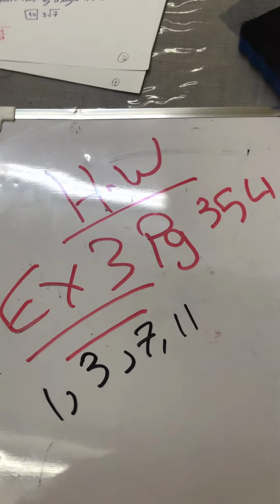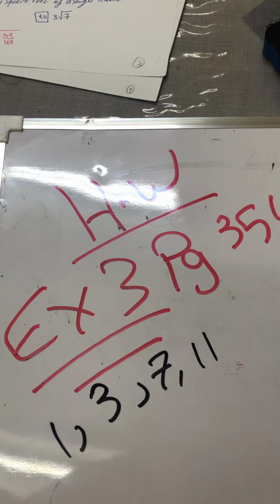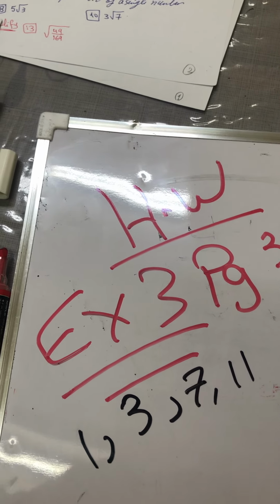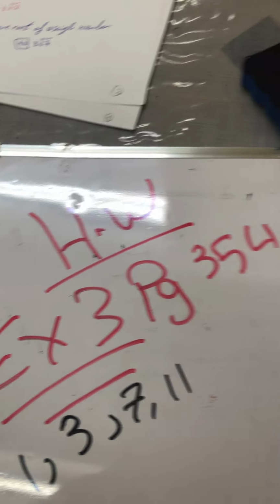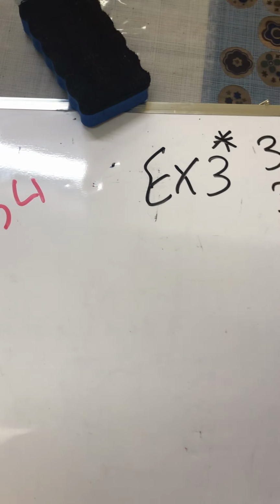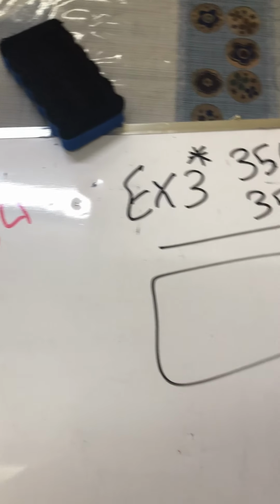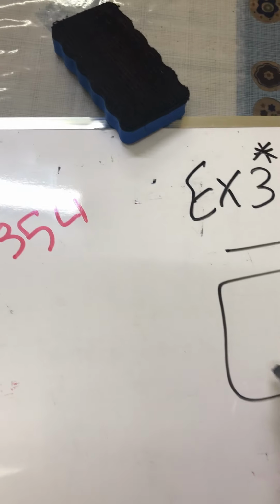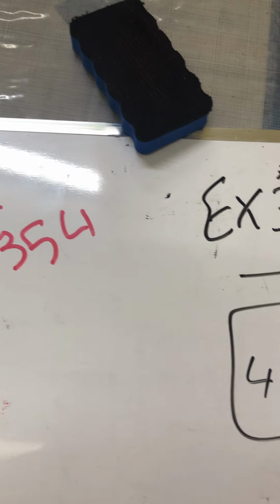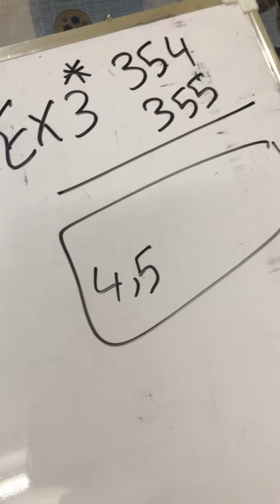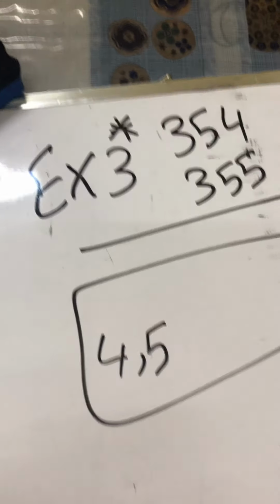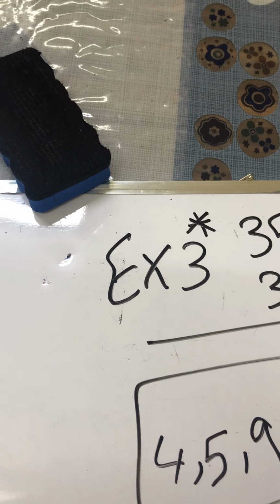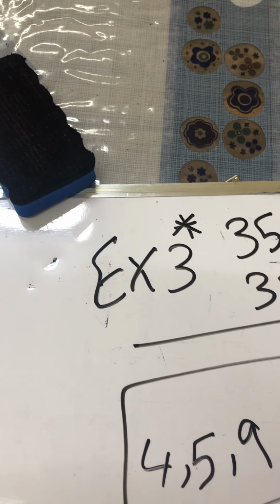Exercise 3, page 354. You will solve 1, 3, 7, 11. Exercise 3 star in page 354 and 355. You will solve number 4, number 5, number 9, 12, and 14.